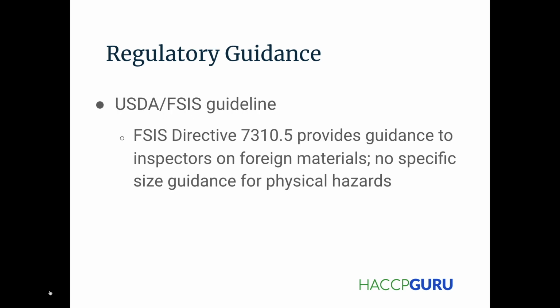All right, so the USDA guidelines and FSIS guidelines provide a directive to inspectors on foreign materials. No specific size guidance for physical hazards for FSIS, but there's a lot of attention that goes around physical hazards and their size, because of their ability to directly impact our consumers.